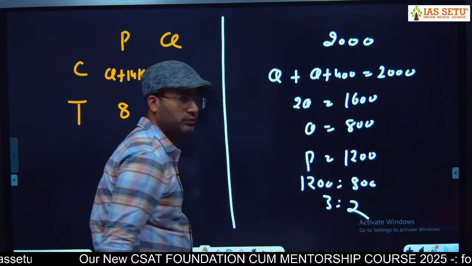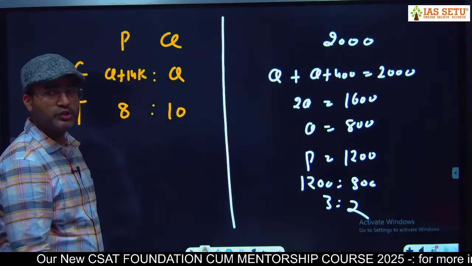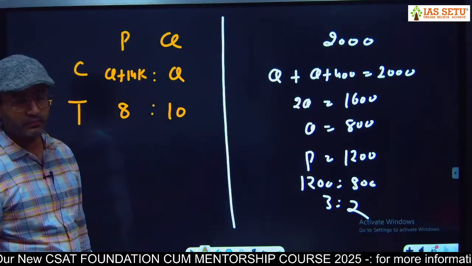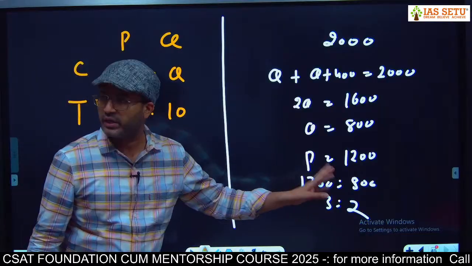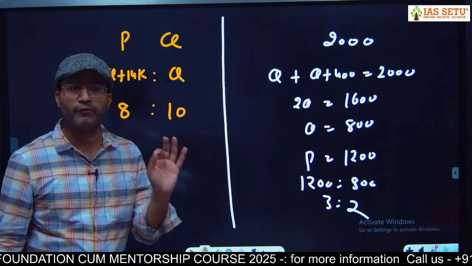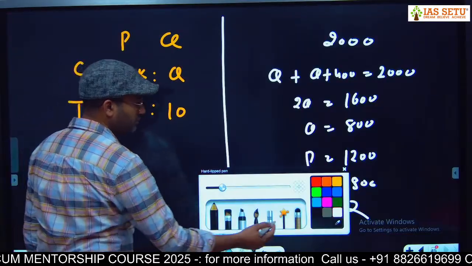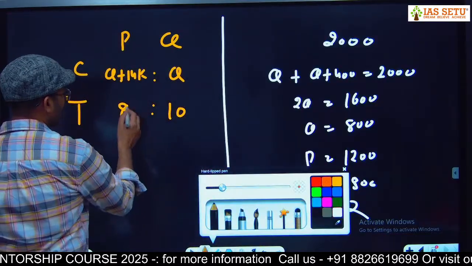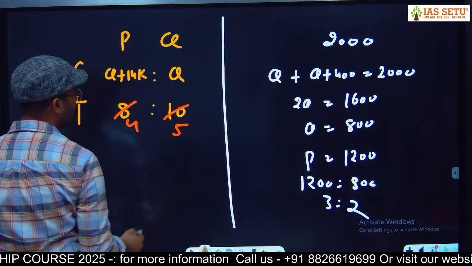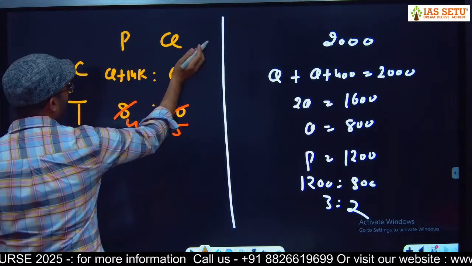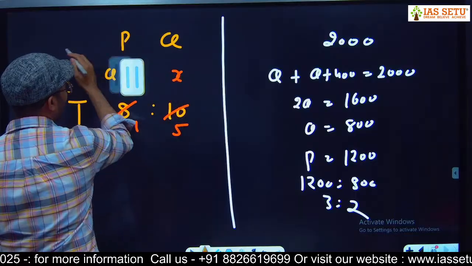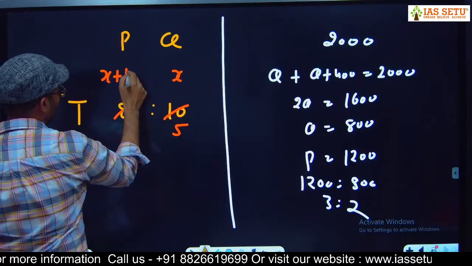3:2. Their profit ratio has to be 3:2. P gets 1,200 rupees, Q gets 800 rupees, so their profit ratio is 3:2. So now here, this is 4, this is 5. Here Q put x rupees, P put x plus 14,000.